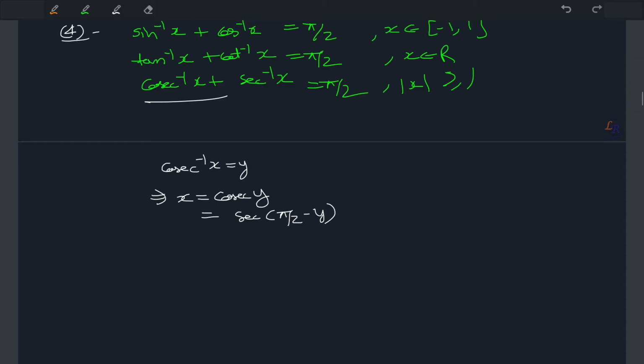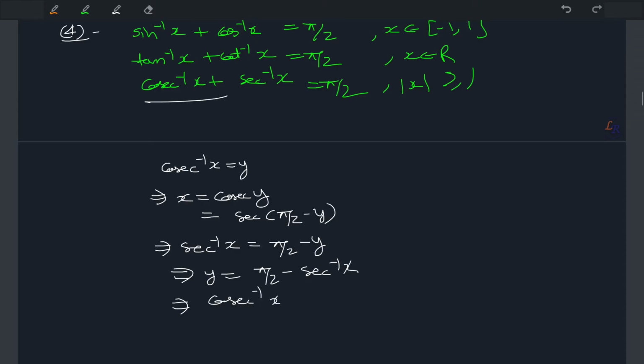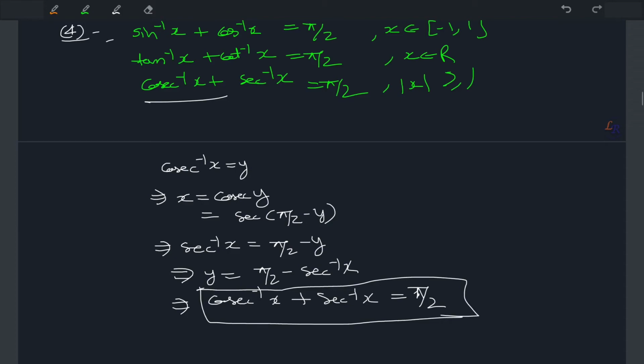Now you can take the inverse, so sec inverse x is equal to pi by 2 minus y. You just rearrange it again, so y is equal to pi by 2 minus sec inverse x. If you put the y value here, it becomes cosec inverse x plus sec inverse x equal to pi by 2, right? So this is very nicely proved. Similarly, you try for the rest.